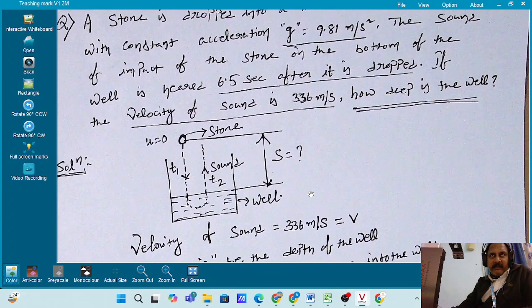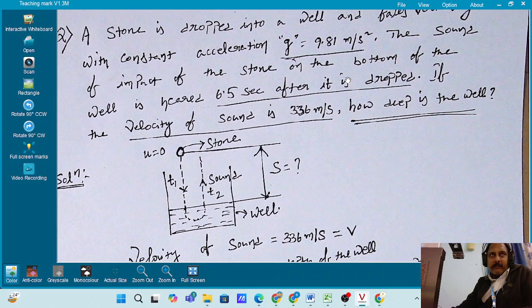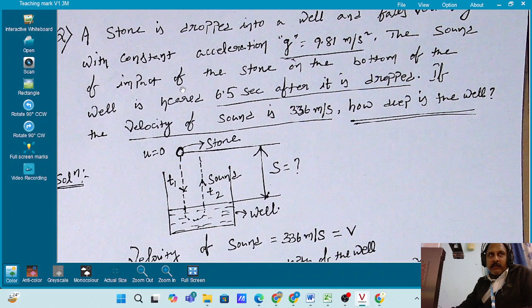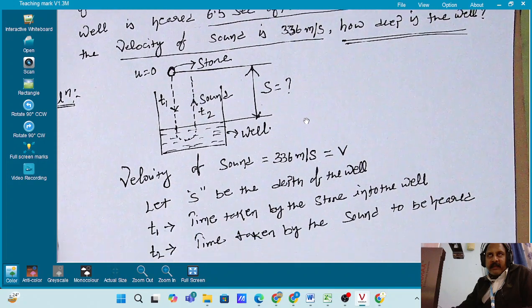As given in the question, after the impact of the stone on the bottom of the well, we hear the sound 6.5 seconds after it is dropped.